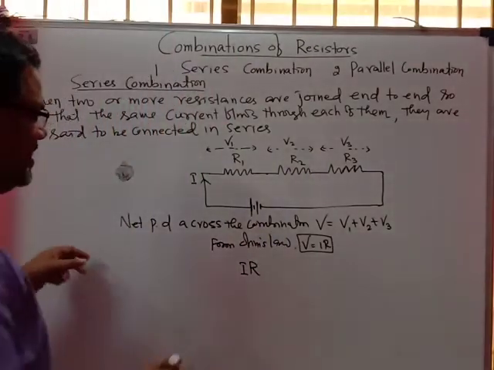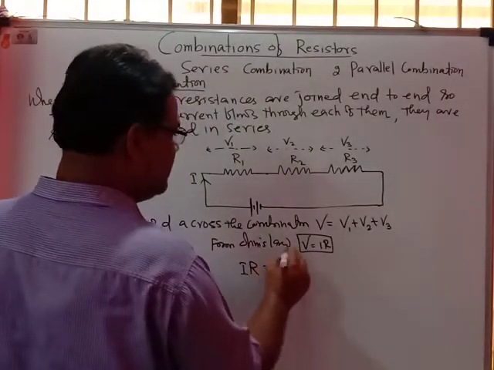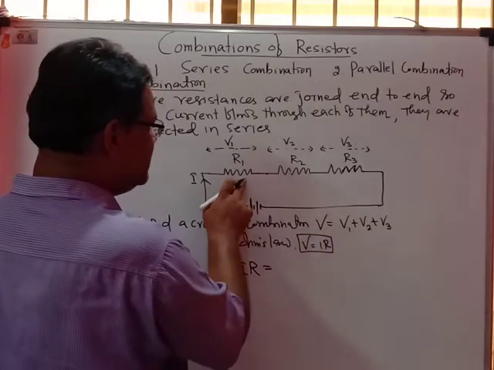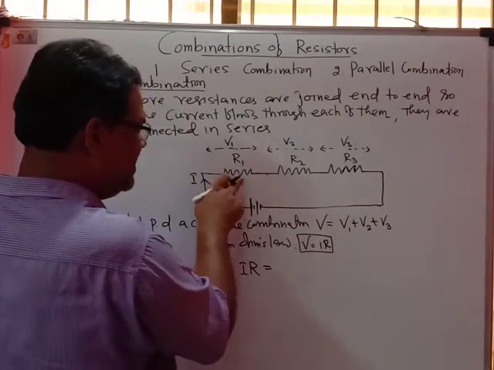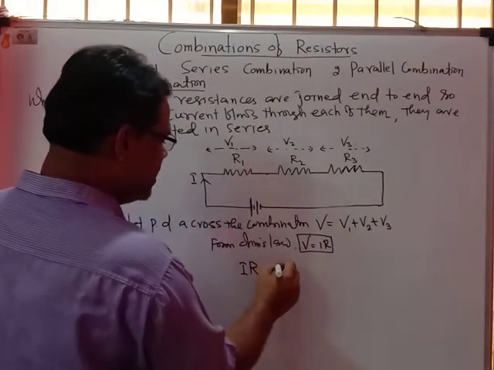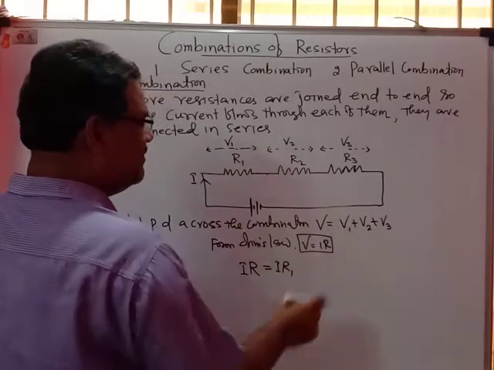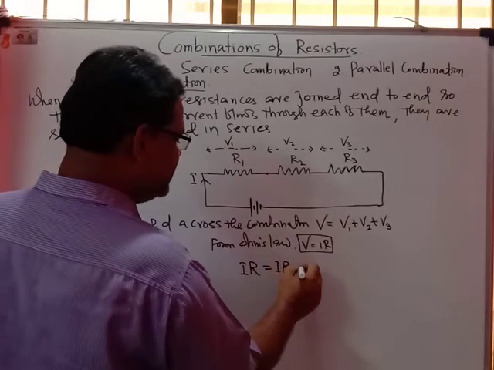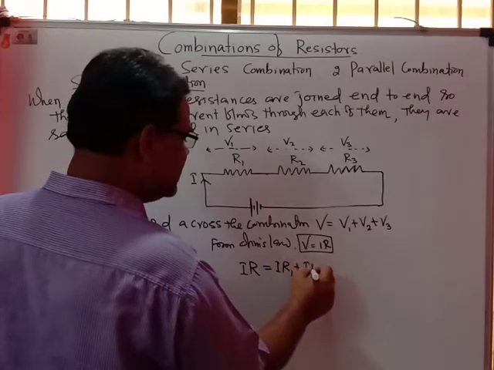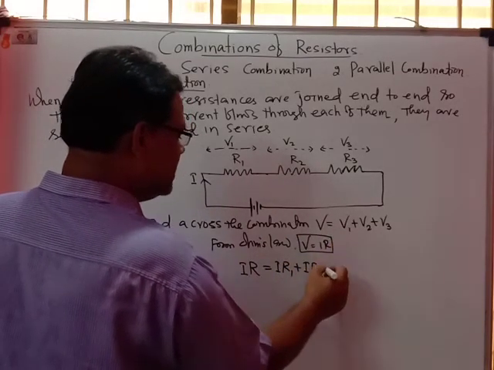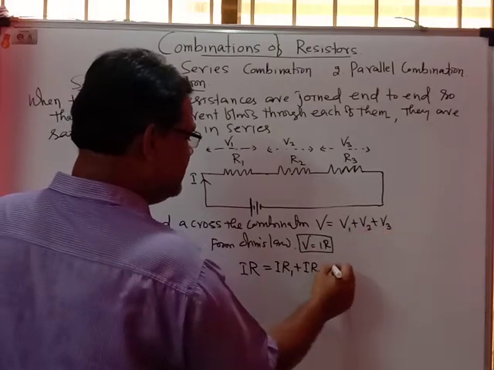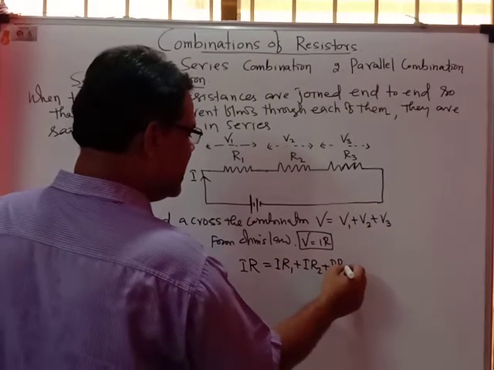So IR must be equal to, for V1, current is I and resistance is R1. For V2, current is I and resistance is R2, plus for V3 the current will be I and resistance will be R3.